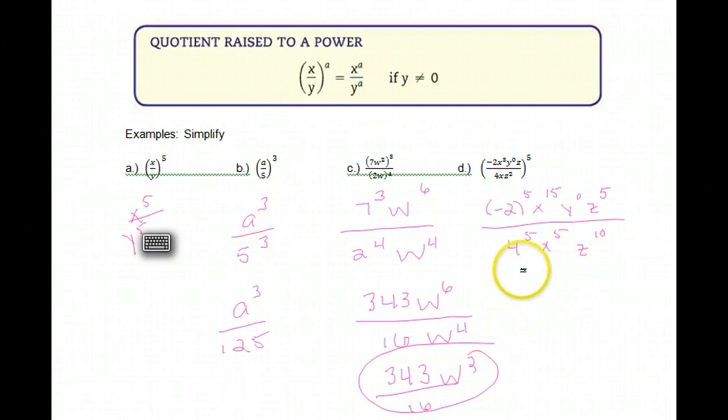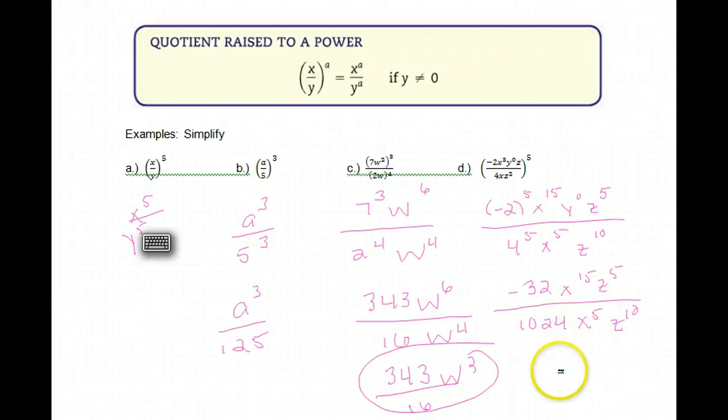And now we must simplify. When our base is negative and our power is odd, our result will remain negative. So 2 to the 5th power is 32. X to the 15th. Y to the 0 is 1. Z to the 5th. 4 to the 5th power is 1024. X to the 5th. Z to the 10th.